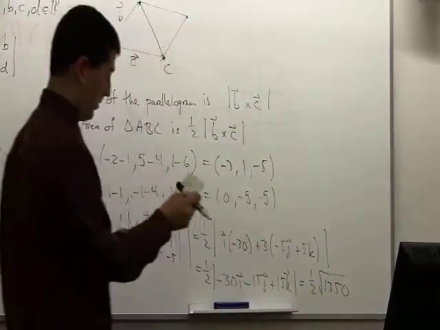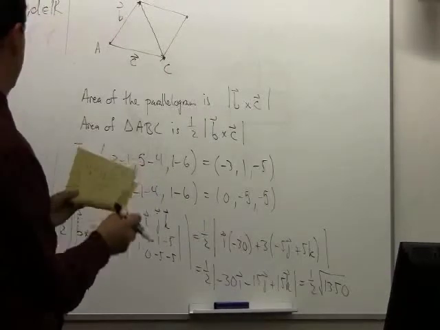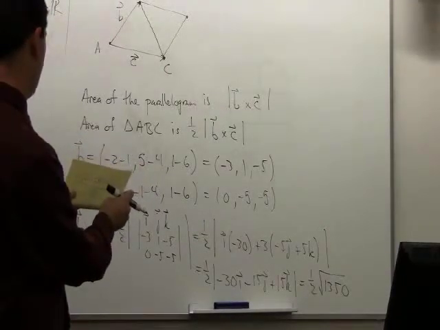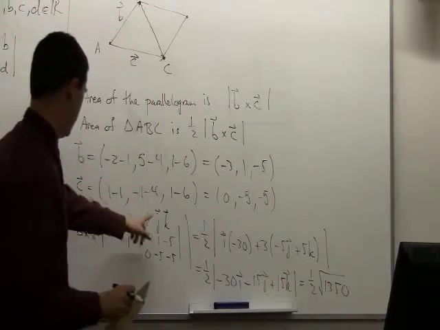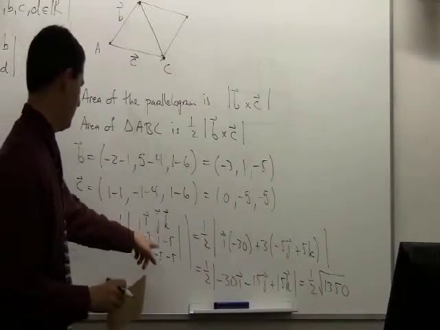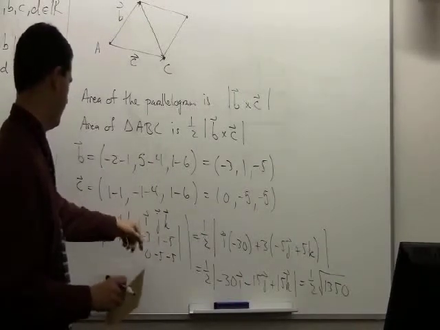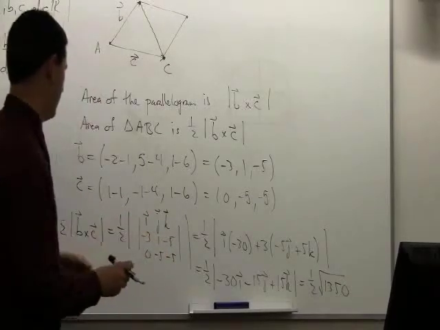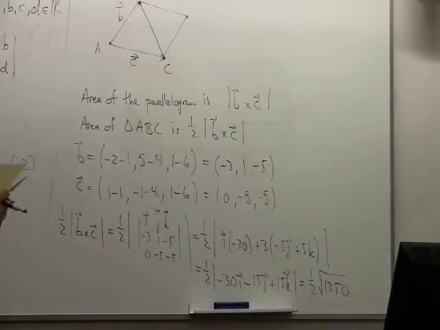I got a different number. Let's see. Oh, I ended up with a 75J. Oh, did I make a mistake here? Let's see. 5J times 5 is 15. Oh, here. Okay. So either there's a mistake on the board or a mistake in my notes.